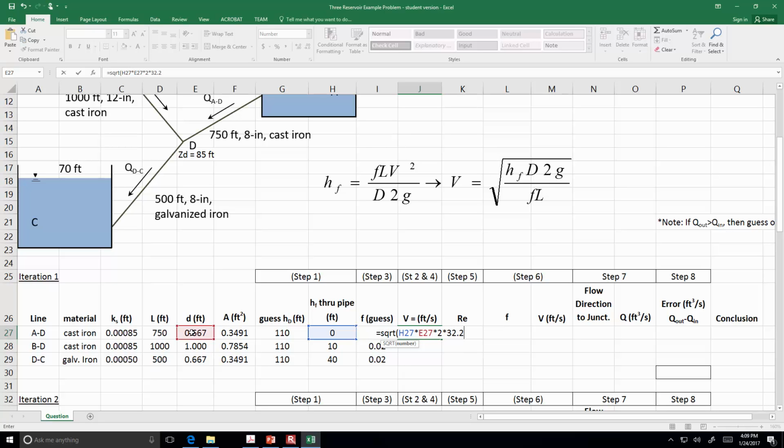Okay, so that's in the numerator, and then in the denominator divided by f, which is I-27. I can't click on the cell location anymore because it's centered, and the formula is starting to get in the way of where my value actually was. And so I just typed in I-27 to refer to where that is. And then divided by L, so the length of the pipe. I did the divided by 2 times just to avoid having to put in any parentheses.